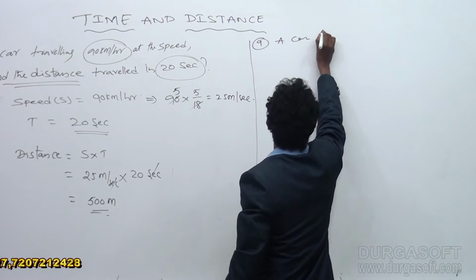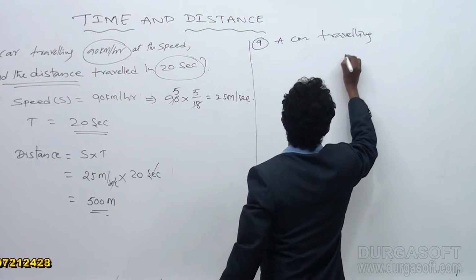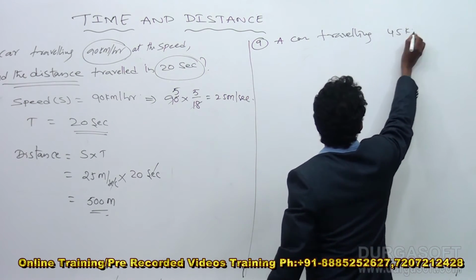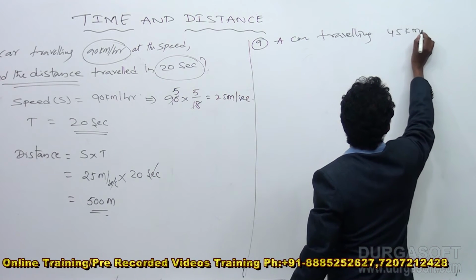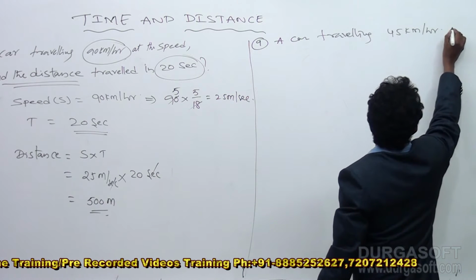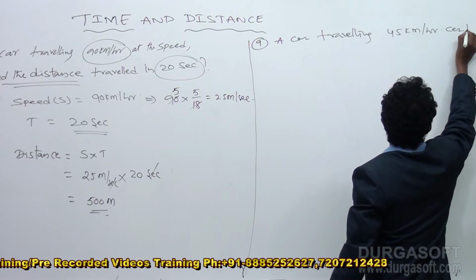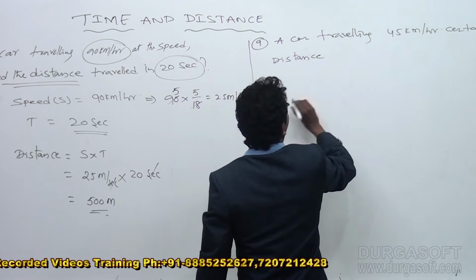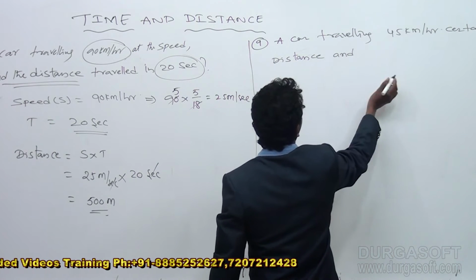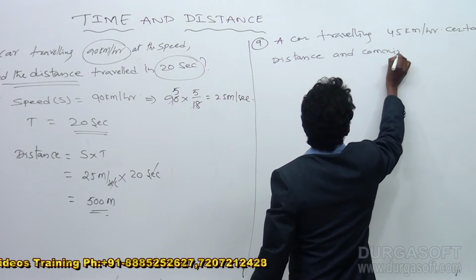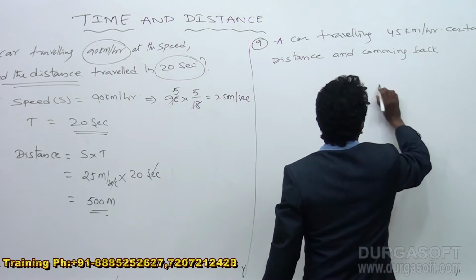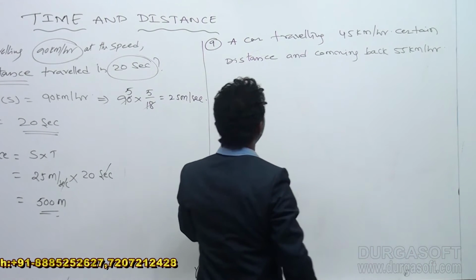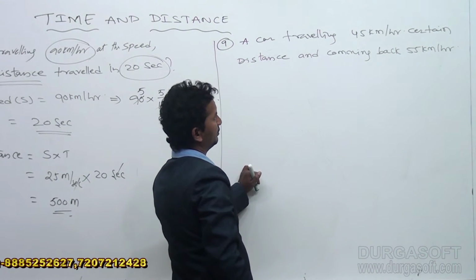A car is traveling at 45 kilometer per hour for a certain distance and again coming back at 55 kilometer per hour.